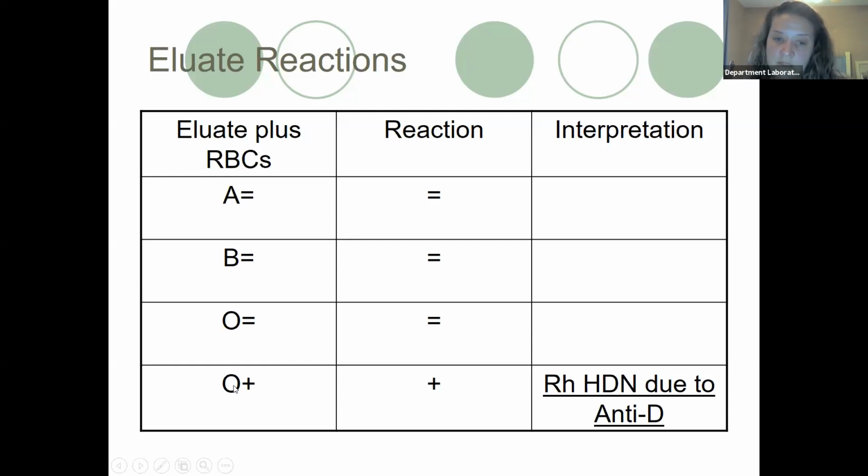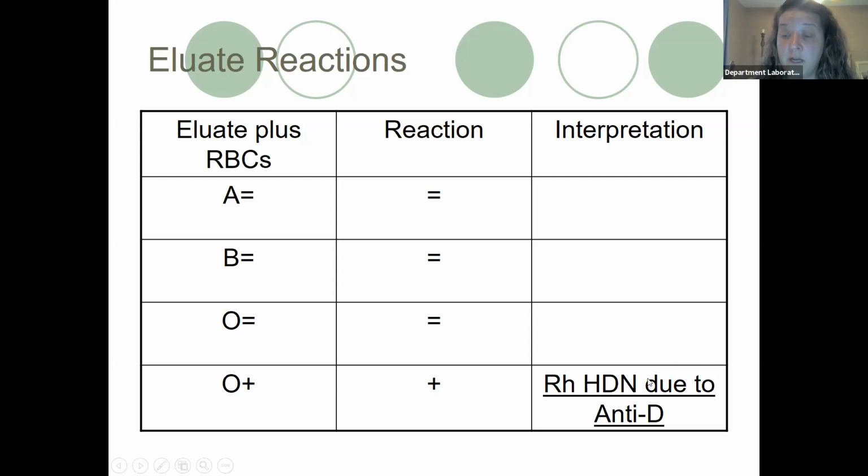Because these O positive cells have the D antigen, and then mom's anti-D, which was on baby's cells, remember, because we're dealing with the eluate here, is reacting with the D antigen of our reagent cells. All right, does that make sense to everybody? So it's because mom's Rh positive blood during delivery crossed over, like the Rh crossed over and attached.